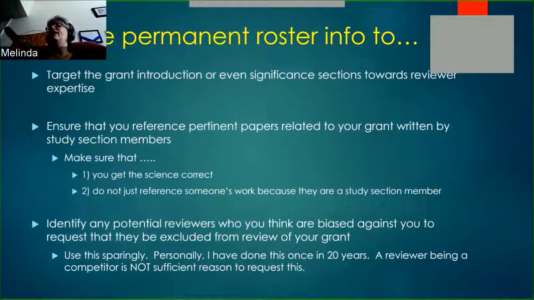Somebody who's in your field is already convinced of the significance and importance of the work. If you are reviewed by somebody out of your field, you have to convince them, which can be a harder sell. So this is actually a good thing, but keep in mind that there is bias and there is an opportunity to request exclusion of certain reviewers.